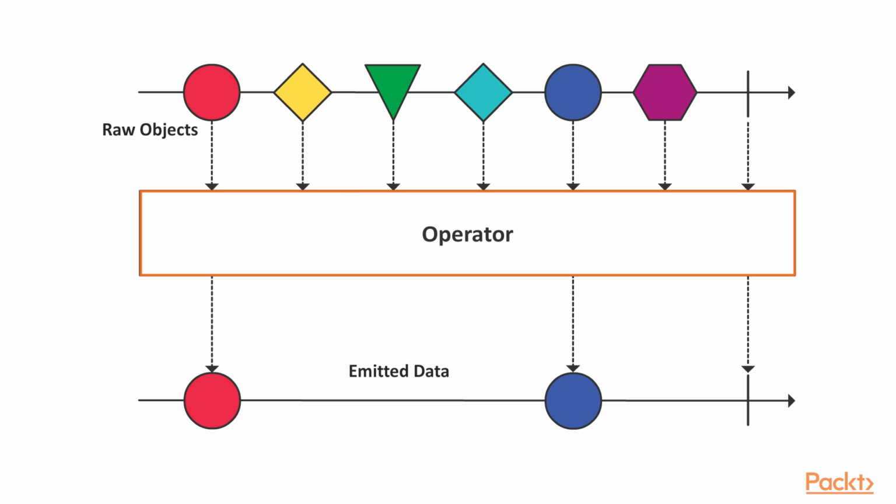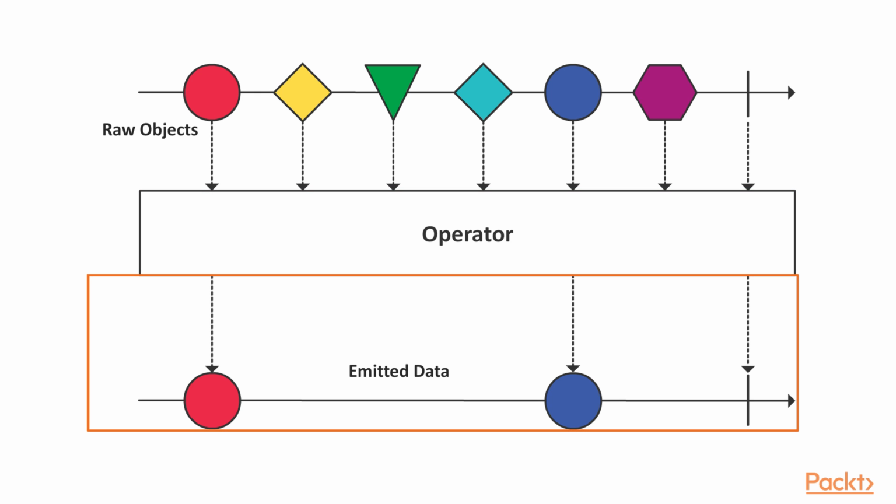There are many other operators available that basically control when and how the observable should emit the data. We are going to look into those operators further on. The line below the box indicates the data that is emitted by the observable. The observer in Rx receives this emitted data.